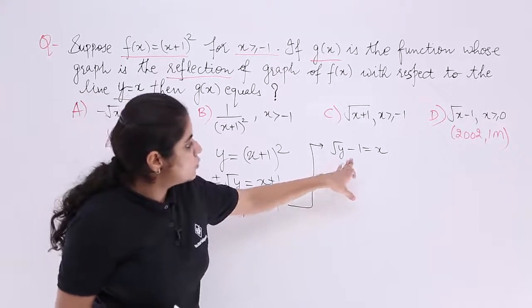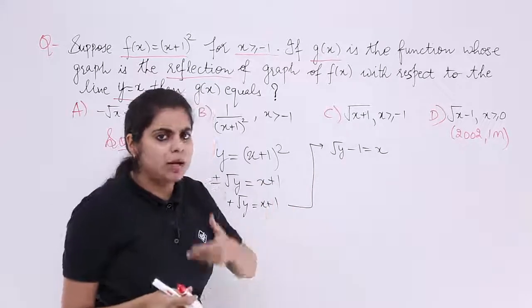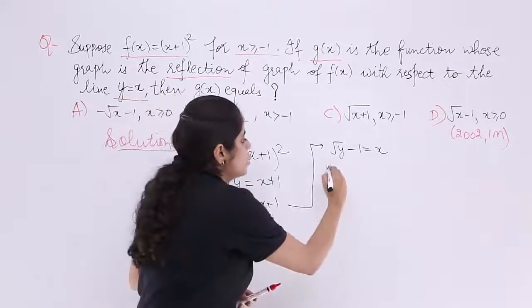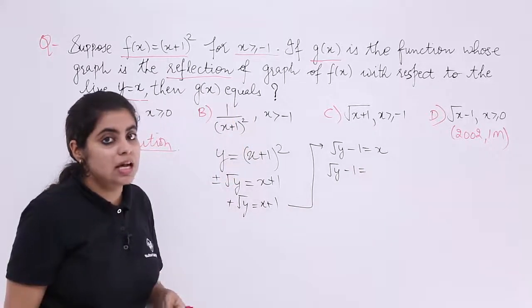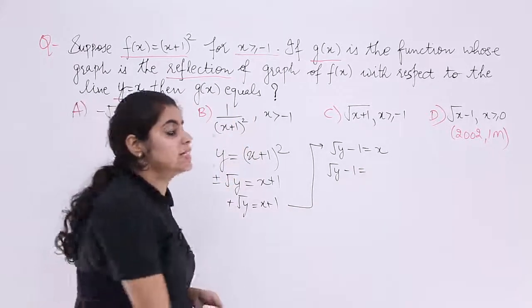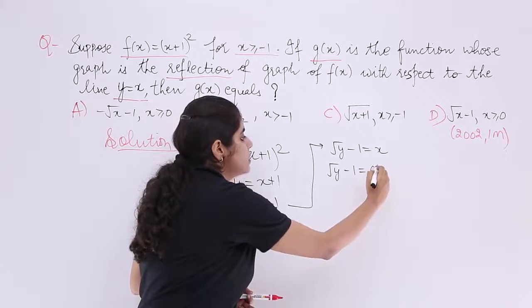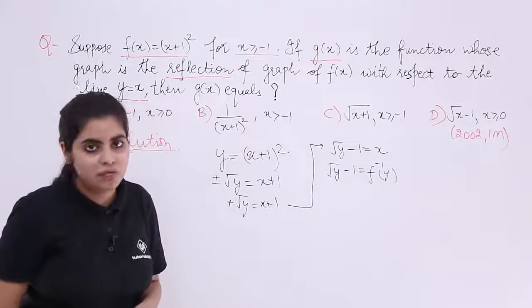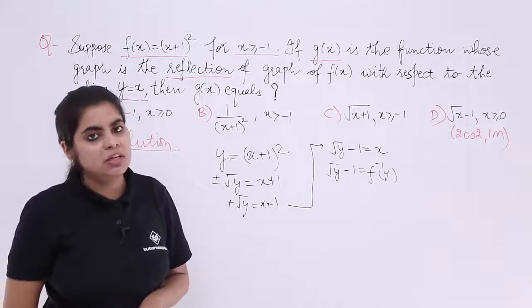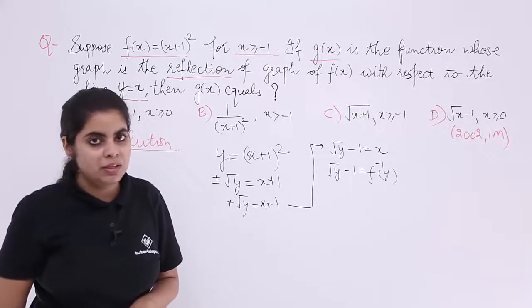What about root y minus 1 is equal to x, some other manipulation? Yes. Root y minus 1 is equal to x means I can substitute x as f inverse y. How is this done? For those who have watched my previous videos on the inverse of a function of chapter relation and function might be understanding it very well, right?